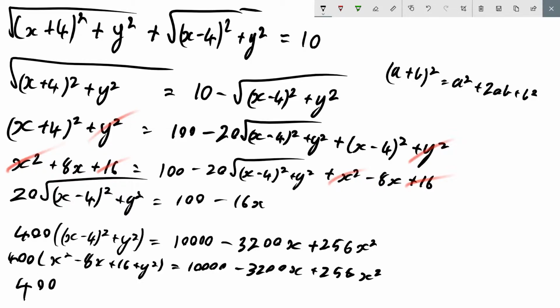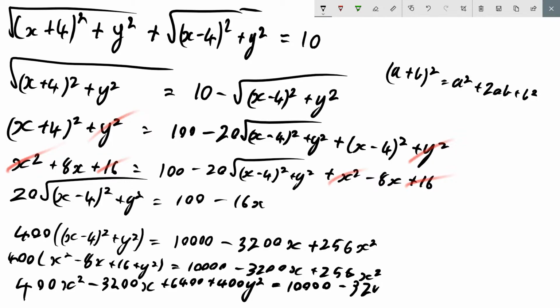We get 400x squared minus 3,200x plus 6,400 plus 400y squared, which equals 10,000 minus 3,200x plus 256x squared.